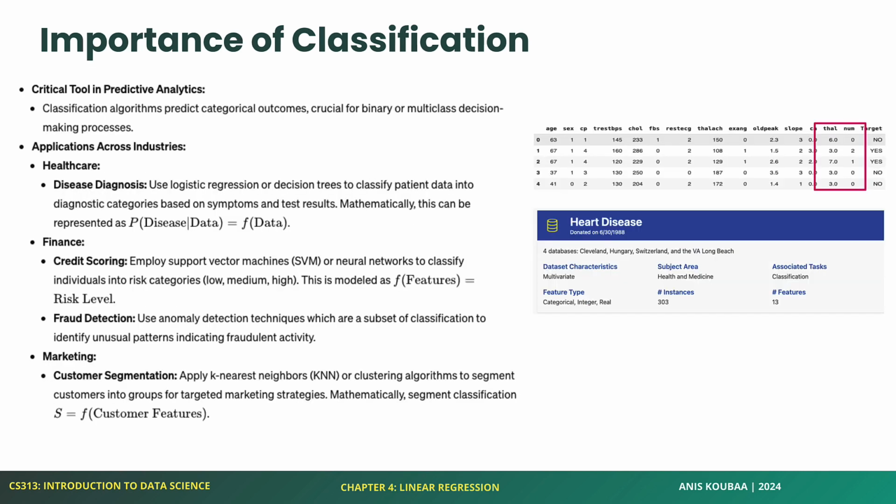There are different applications where we use classification in predictive analytics. For example, in healthcare, and this will be our example today, we can try to estimate the probability that someone would have a disease, for example a heart disease, given prior historical data about his health conditions.